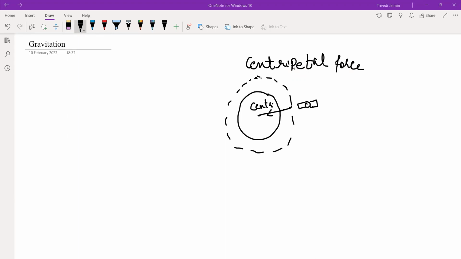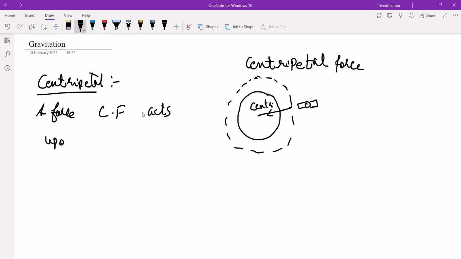In short, centripetal force, we can say, is a force which acts upon an object which keeps moving in a circular path. Right? Which force is acting? Centripetal force. Centripetal force acts upon an object which is moving in a circular path.